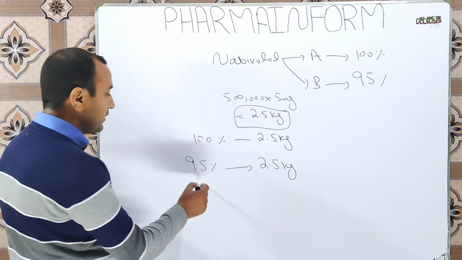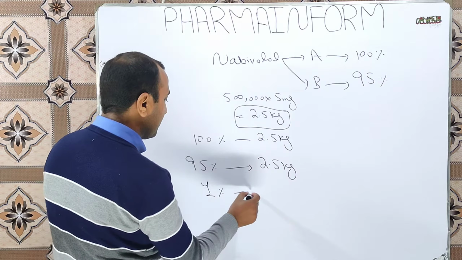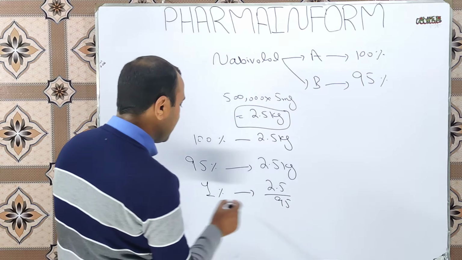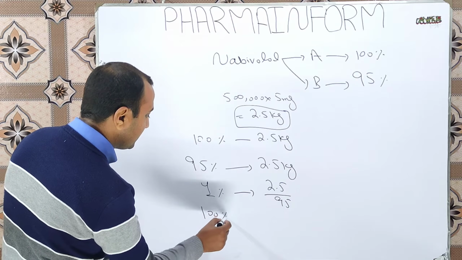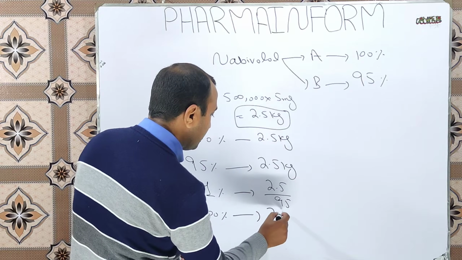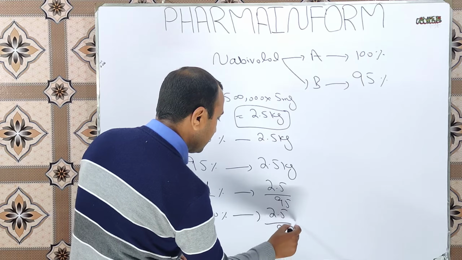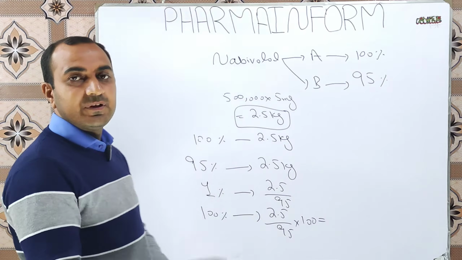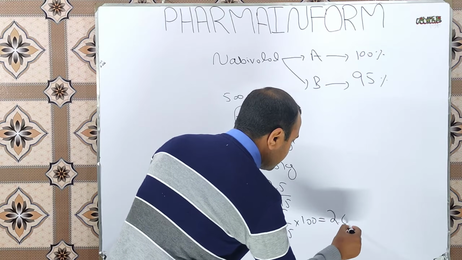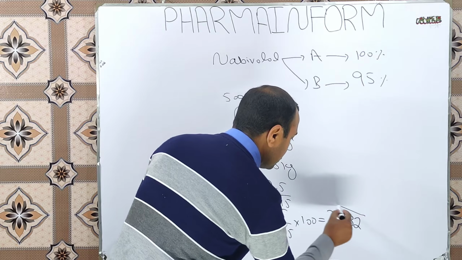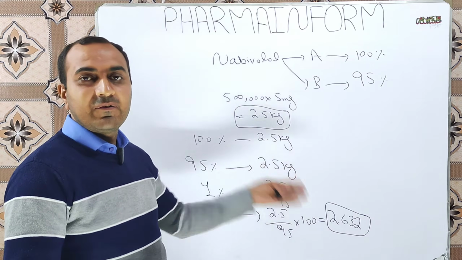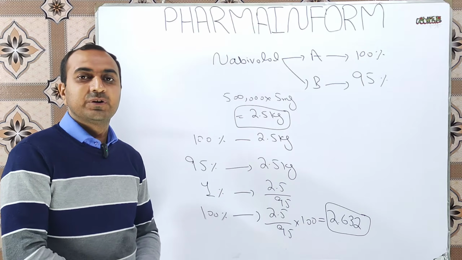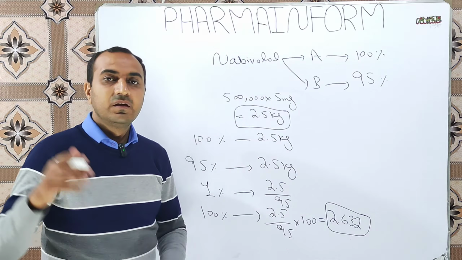For this we will use the unitary rule. For 1%, 2.5 over 95, and we want to make it 100%. So 2.5 divided by 95 into 100, and the answer will be 2.632.